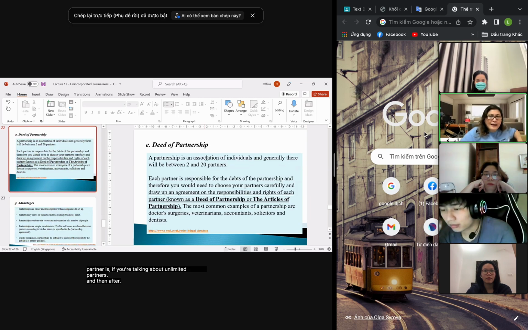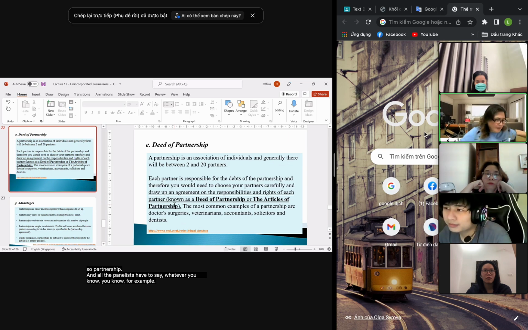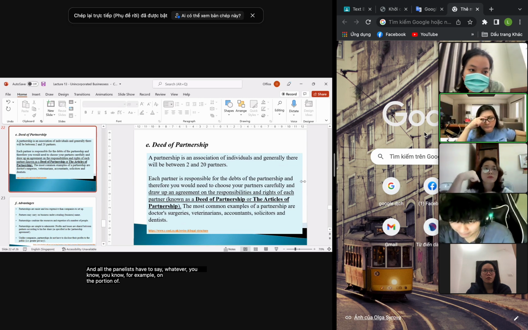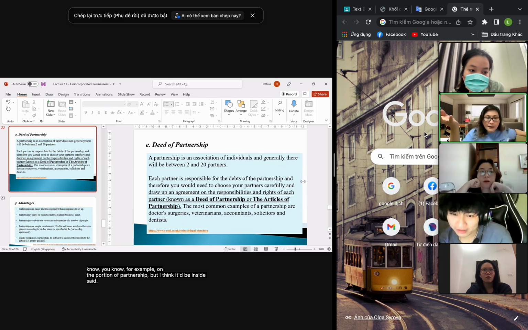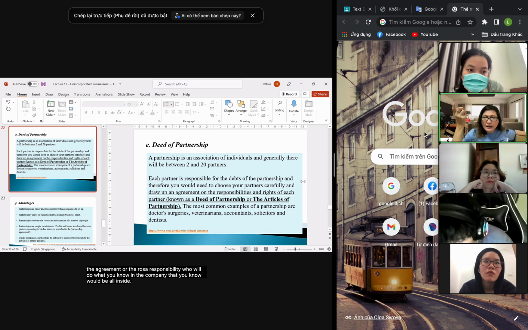And then after that, they have to prepare the partnership agreement, deed of partnership, articles of partnership. And all the partners have to sign. The portion of partnership can be inside the agreement, or the roles and responsibilities, who will do what in the company, it will all be inside the partnership agreement.